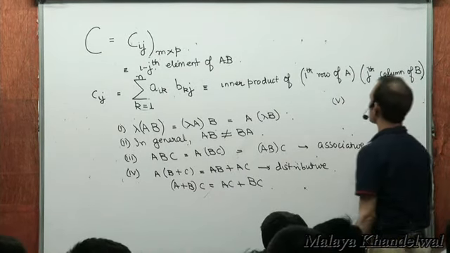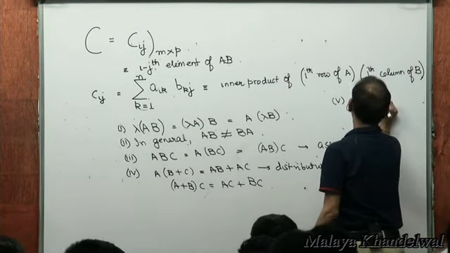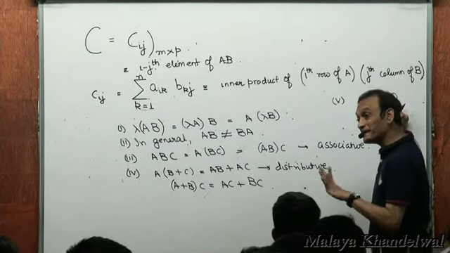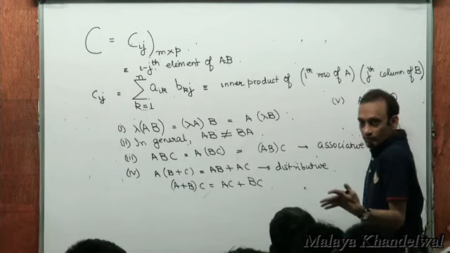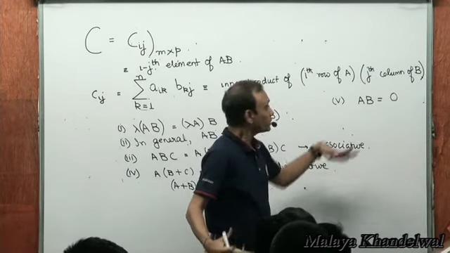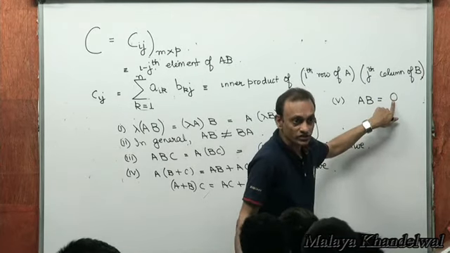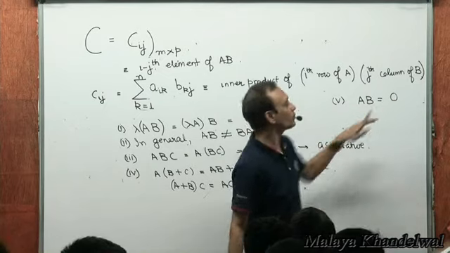If AB is a null matrix, its value is not 0. It means it's a null matrix. All elements of the product AB are 0. If A into B produces a null matrix, this doesn't mean the value of the matrix is 0. It only means that all elements of the matrix are 0.